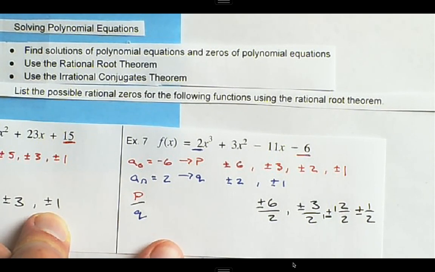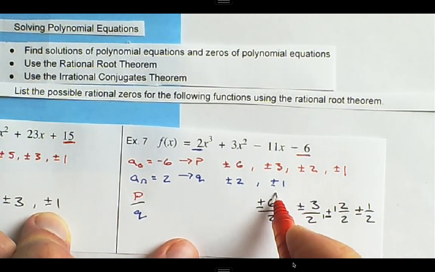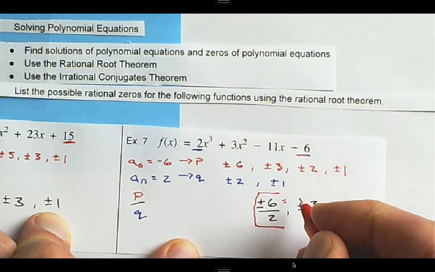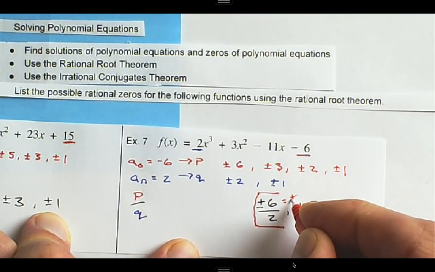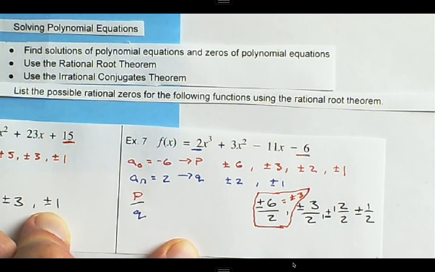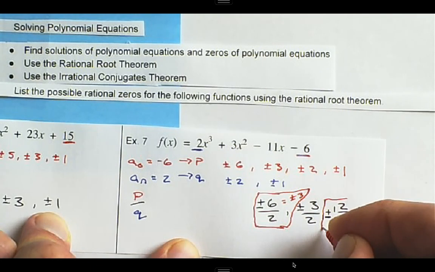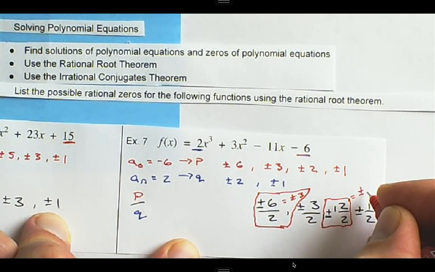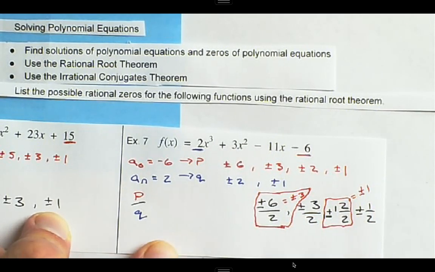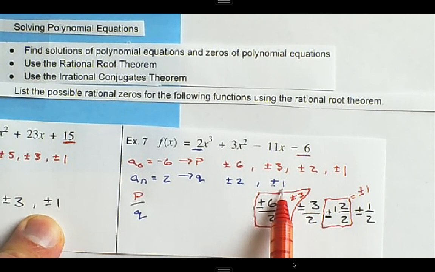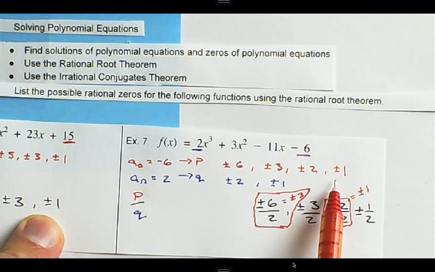Then we remember that we don't want to repeat values. So plus or minus 6 divided by 2 is equal to plus or minus 3, and plus or minus 2 divided by 2 is equal to plus or minus 1. And when we divide these by the other value, which is 1, it's just those values.